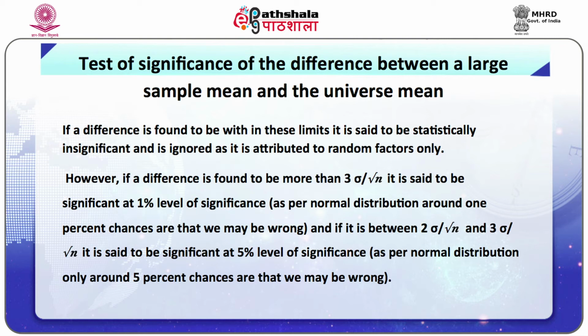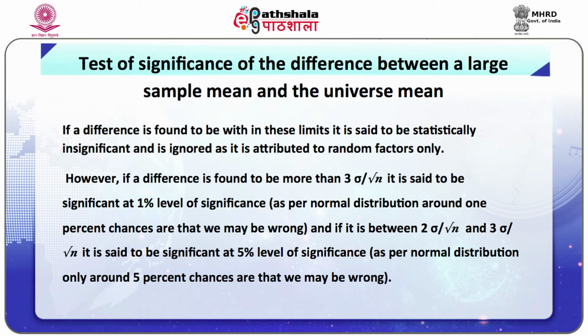However, if a difference is found to be more than 3 times the standard error, it is said to be significant at 1% level of significance, as per normal distribution. Around 1% chances are that we may be wrong.